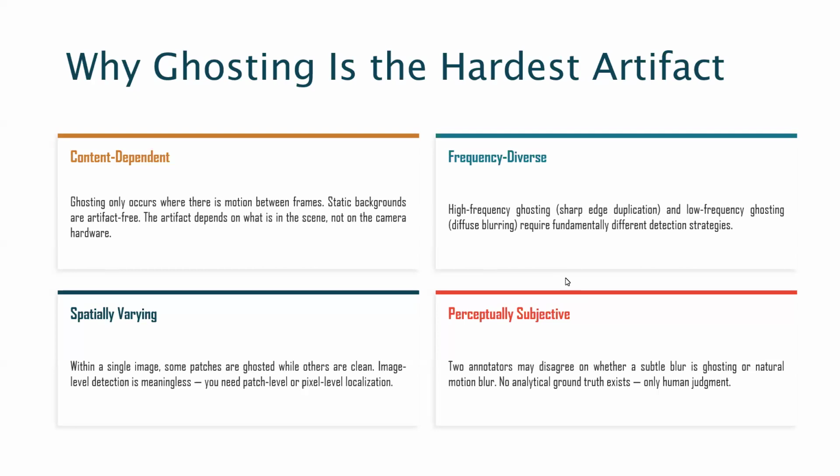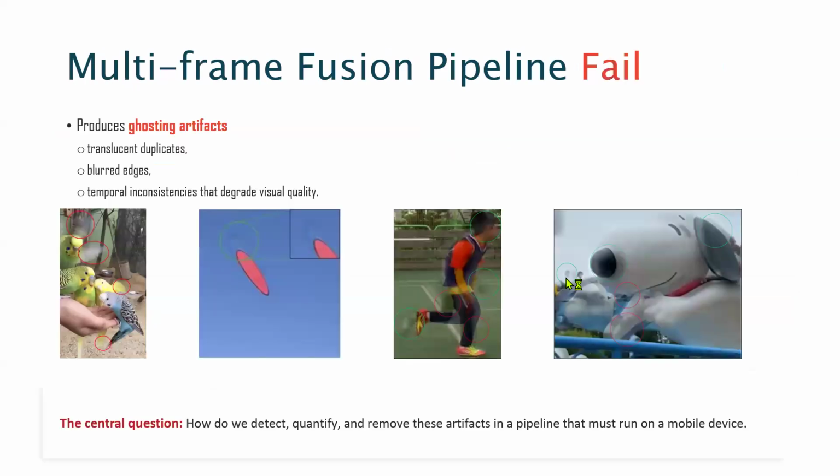The third is the frequency diversity. In ghosting artifacts we have two different types: the first is high frequency and the second is low frequency. The high frequency artifacts are all about the blurry look that shows an object has some sort of past or trailing.